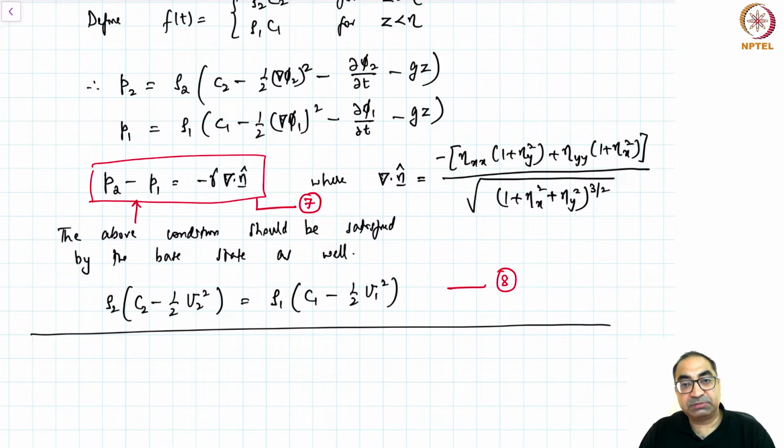So that's the normal stress balance. Now all these equations from 2 to 8 basically pose a nonlinear problem for us. These comprise the nonlinear stability problem for the basic flow that we considered.